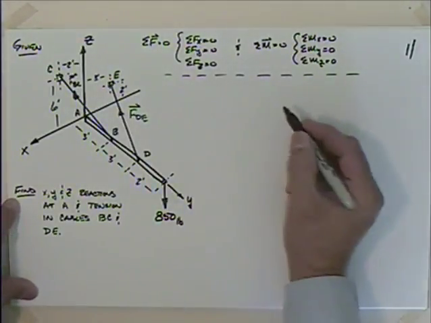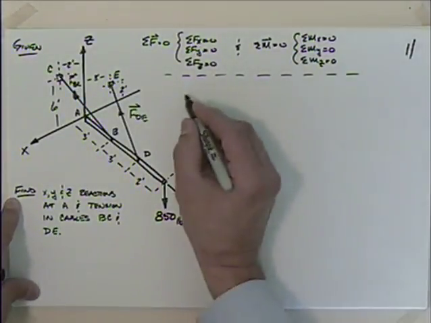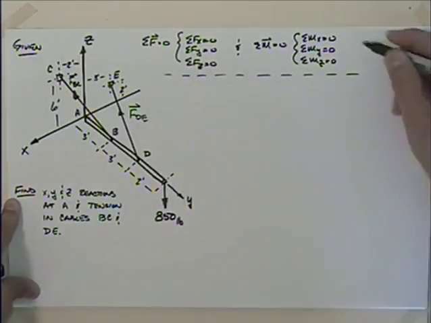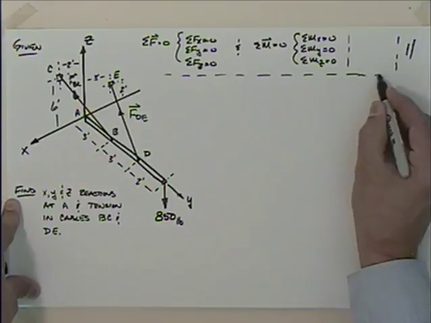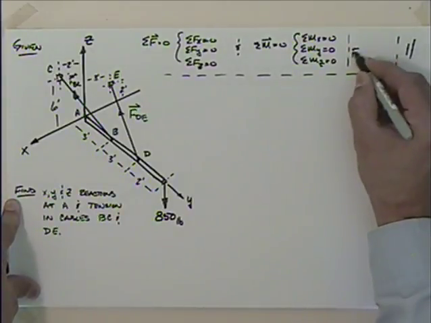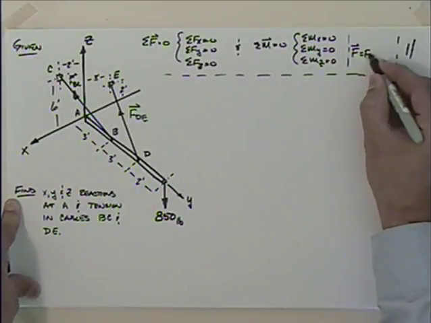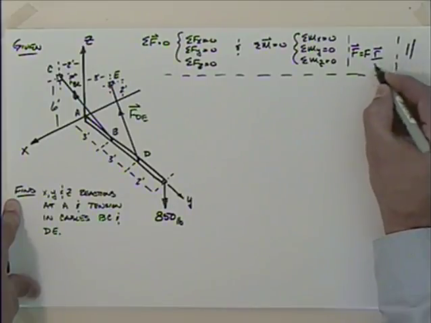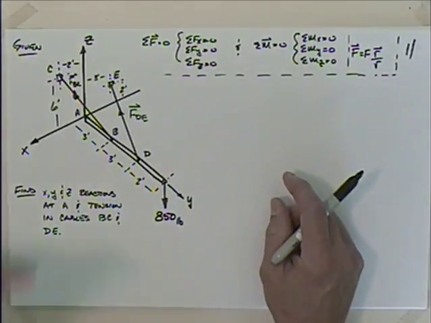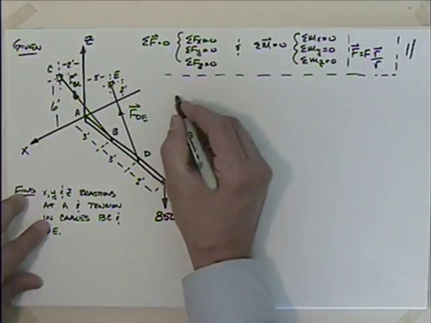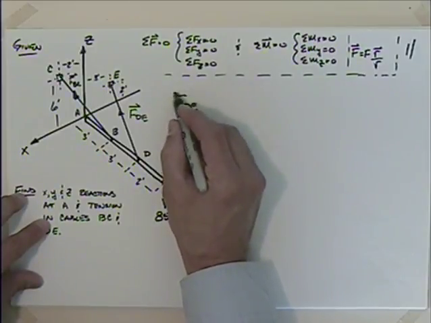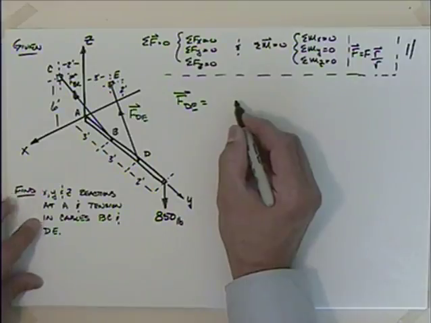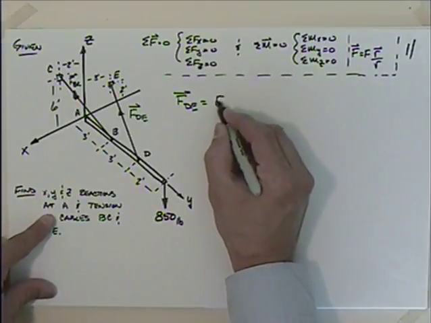Well, I'm going to go ahead and put our general equation up here. Remember that a force is equal to its magnitude times the position vector divided by the magnitude of the position vector, right? So we'll use that. I could say that FDE would be equal to the magnitude of DE, which I don't know.